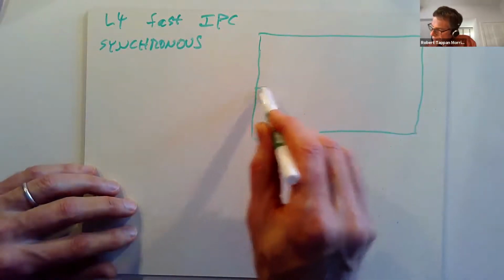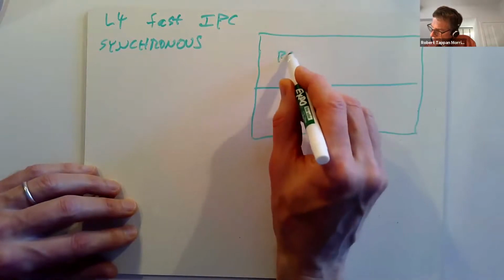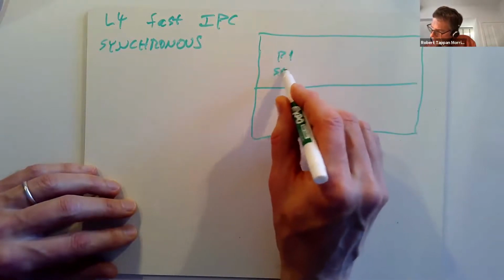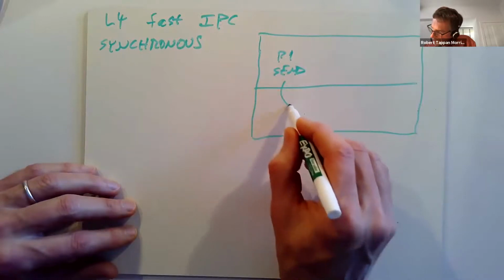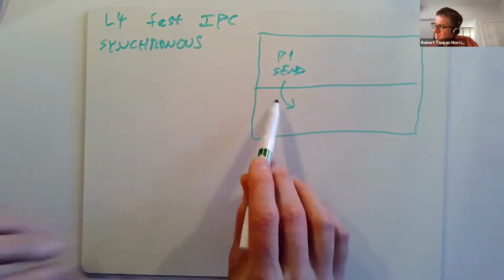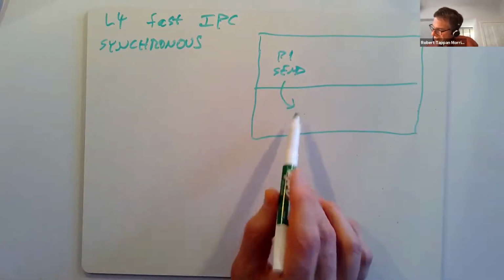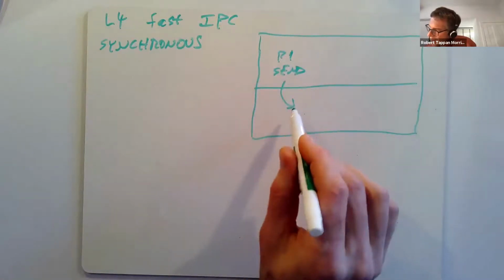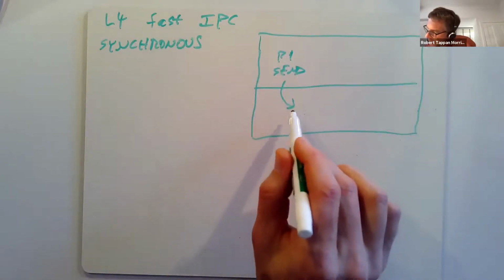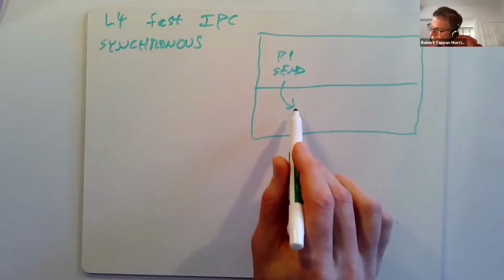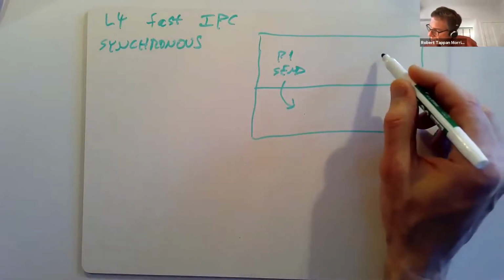So if I'm process 1 and I want to send and I call send, it doesn't copy my message into a buffer. The P1 send in the L4 kernel waits for P2 to call receive.